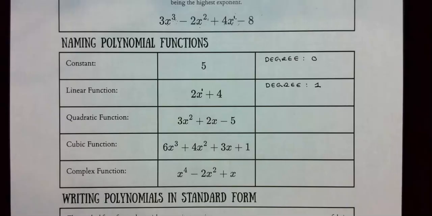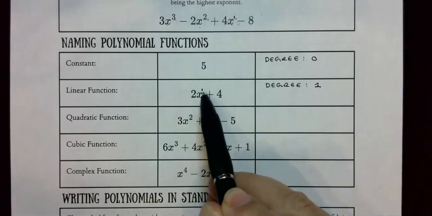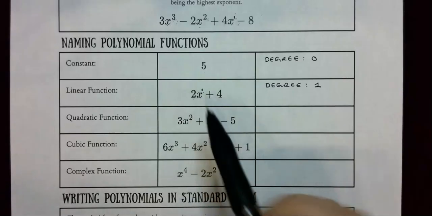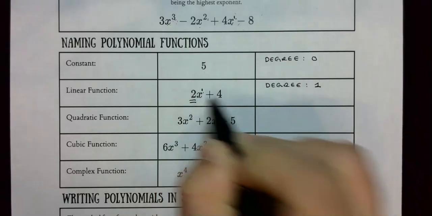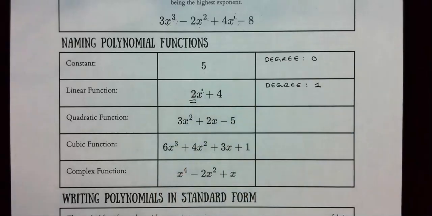Now there's another word we're going to talk about, which is the leading coefficient. The leading coefficient is the number that's attached to the variable with the highest exponent. In this case, here's my variable and the highest exponent is 1. This 2 right here in the front is our leading coefficient.